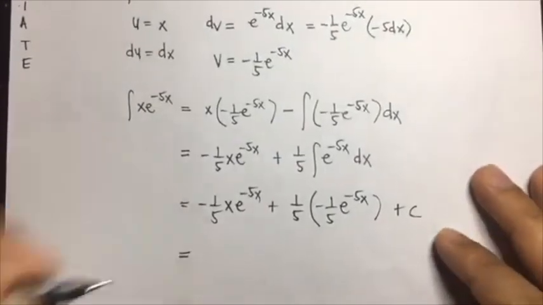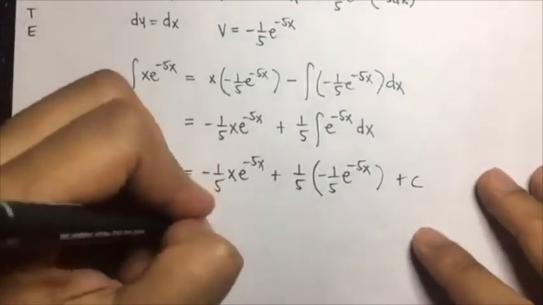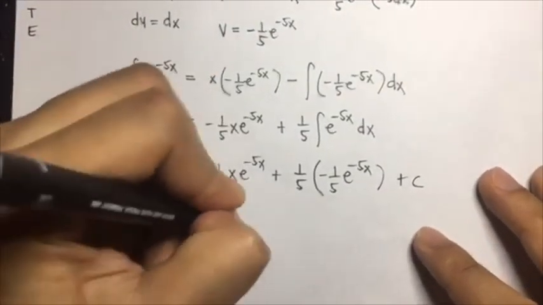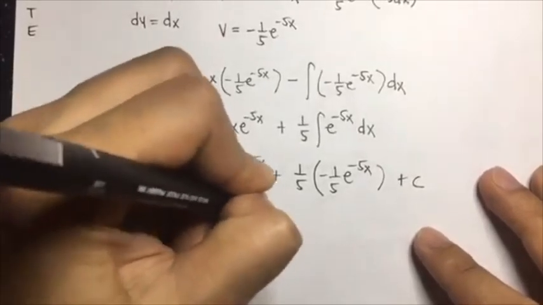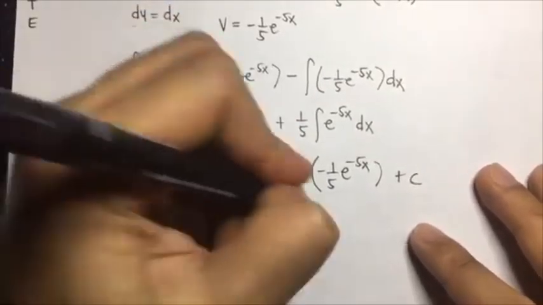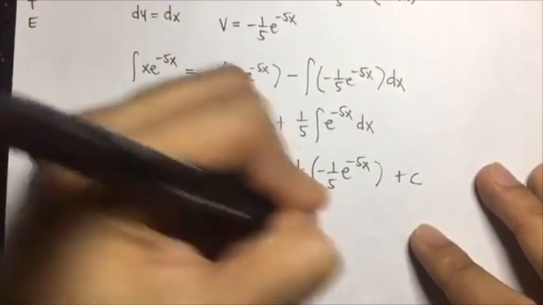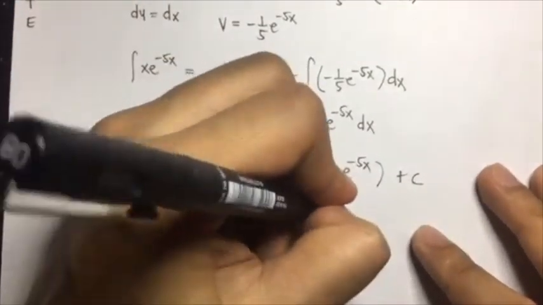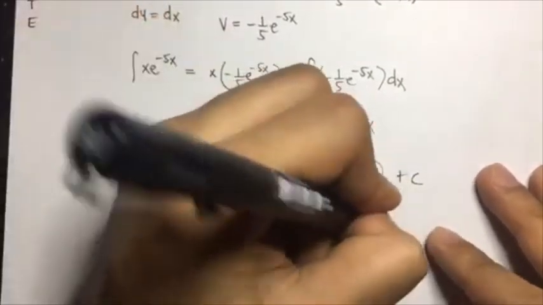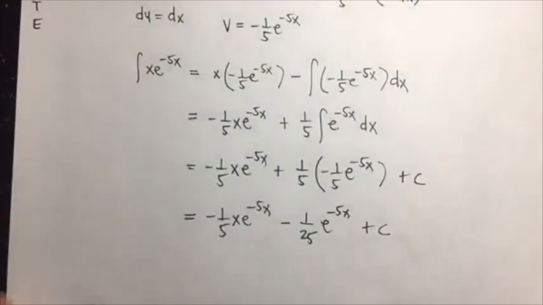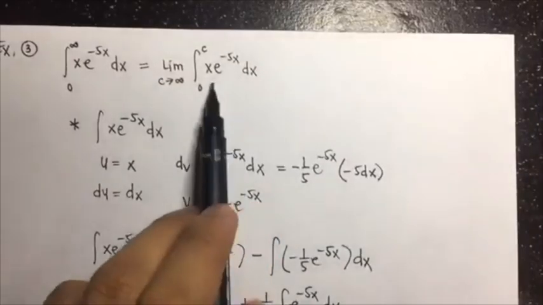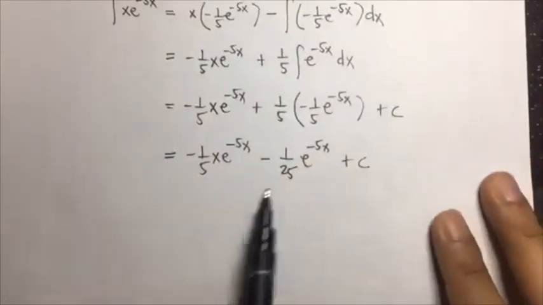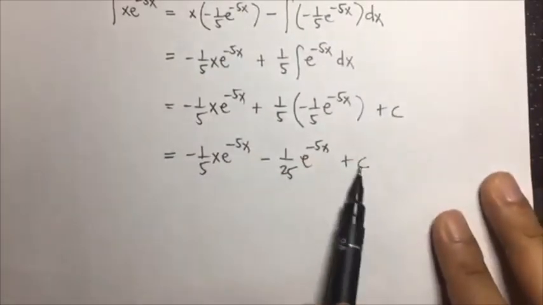So this will become negative 1 over 5 x e raised to the negative 5x minus 1 over 25 e raised to the negative 5x, plus c. Therefore you can replace this now with this, excluding the plus c.